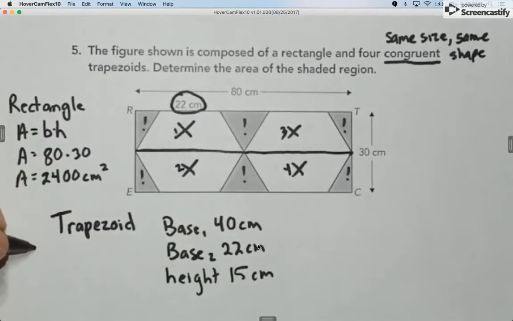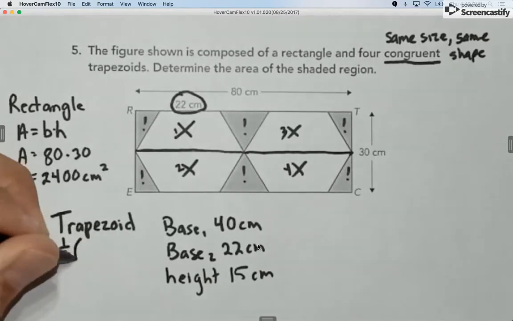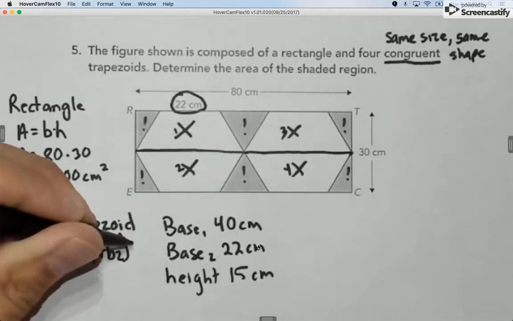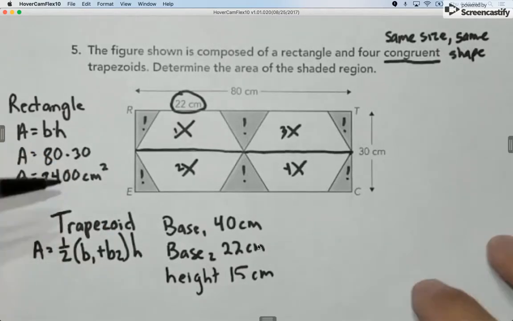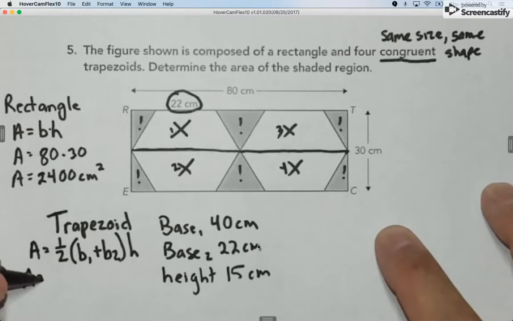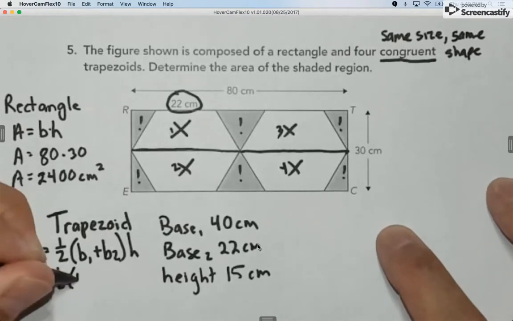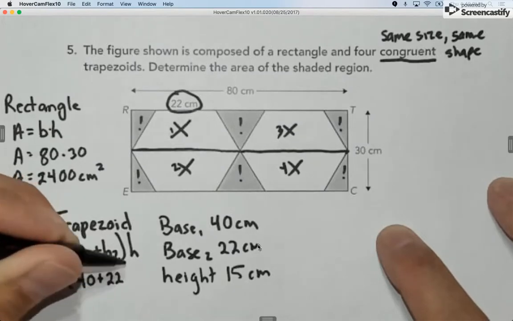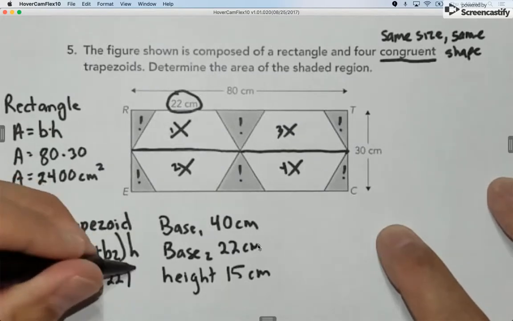So for one trapezoid, the area is 1/2 of base 1 plus base 2 times the height. Or the area is 1/2 of 40 plus 22 times 15.